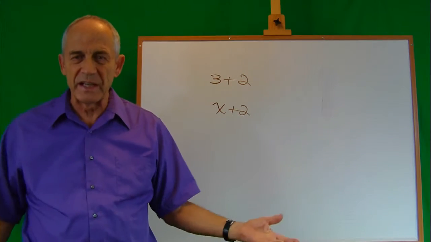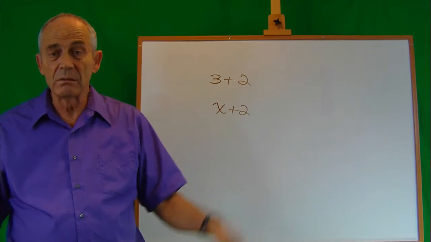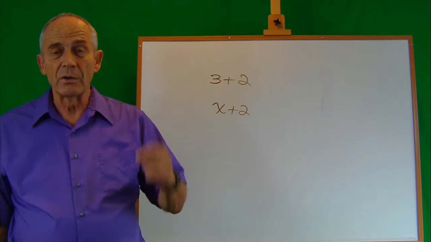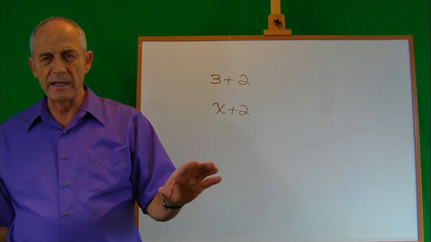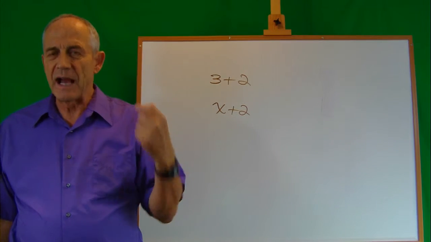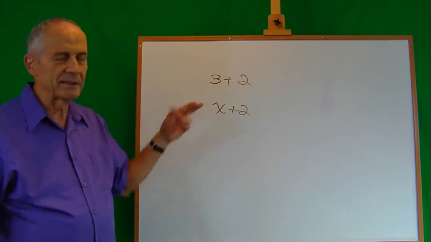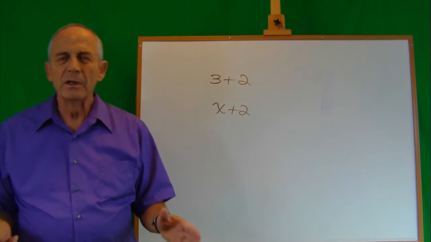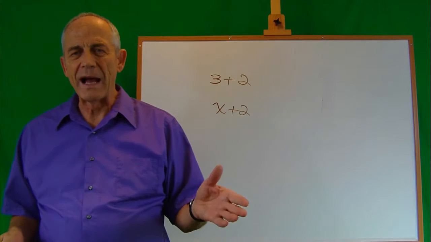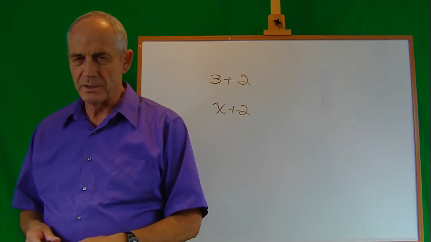Does that really say anything? No. It qualifies as an expression because it doesn't really say anything, but it's algebraic because it has a variable in it. So anytime we're talking about using variables, we're talking about algebra and algebraic expressions.